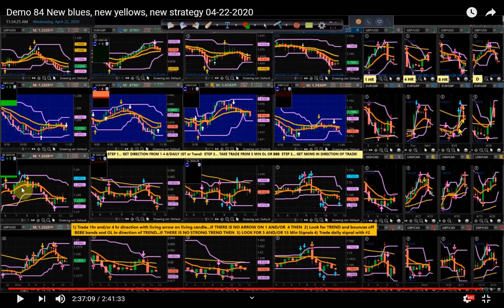Right, so again we're just showing you, look, 15-minute blues turn up here, outside one, whether it was this one here I think, and maybe this one here, right, outside 4-hour, 8-hour orange line. It's going to react, and it did react, and look at the move.